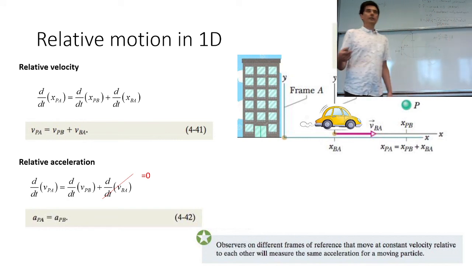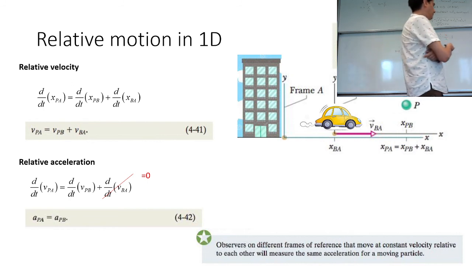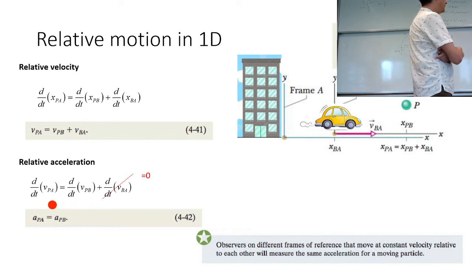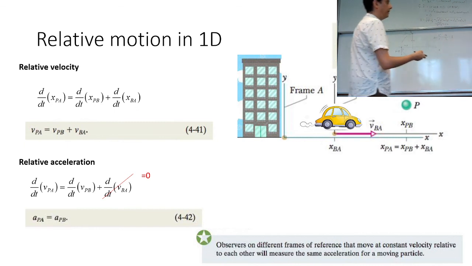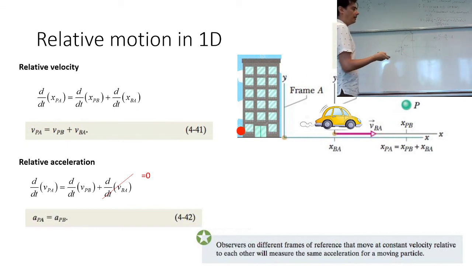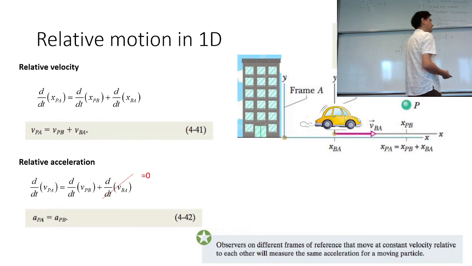Likewise, you can just take another derivative, and that would be the acceleration. In this case, we're assuming a constant velocity between the two frames. So the acceleration of BA, the acceleration of frame B relative to frame A, is equal to 0.